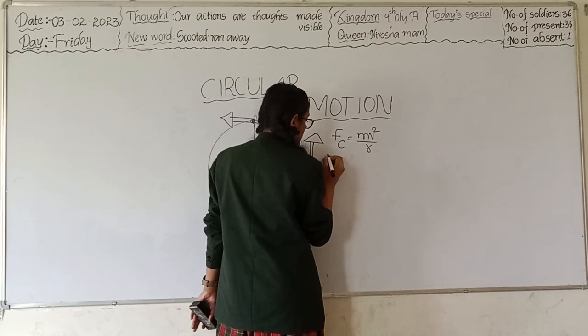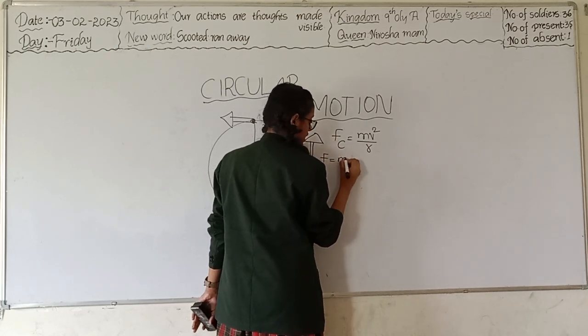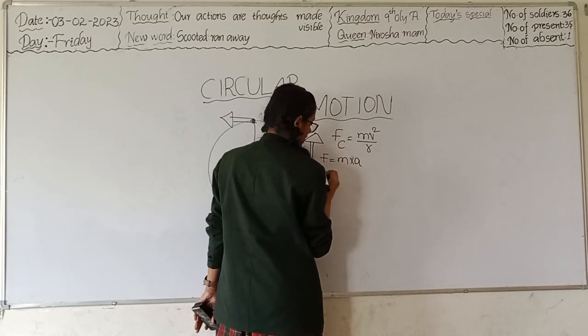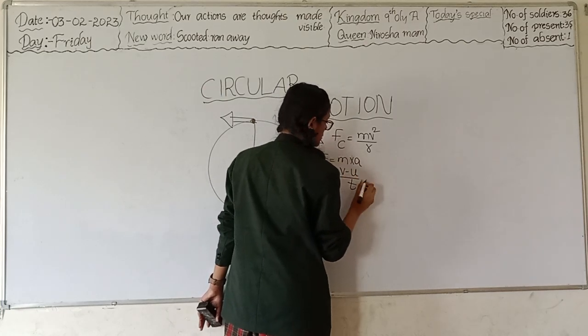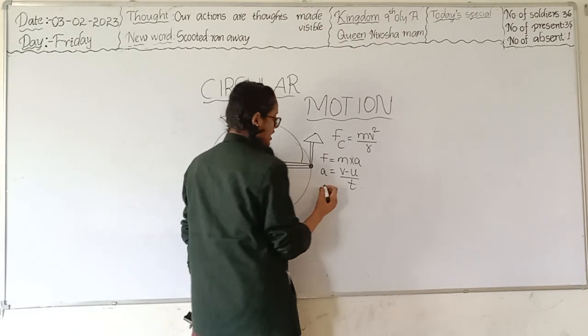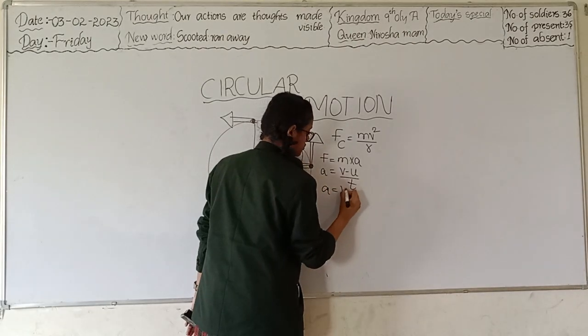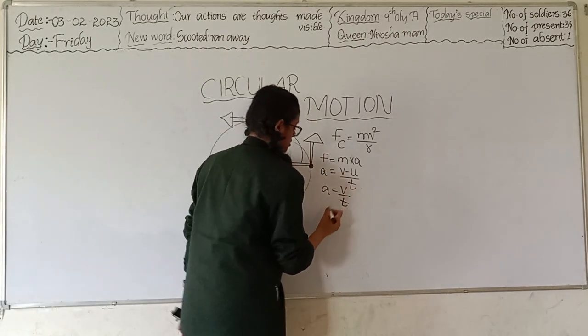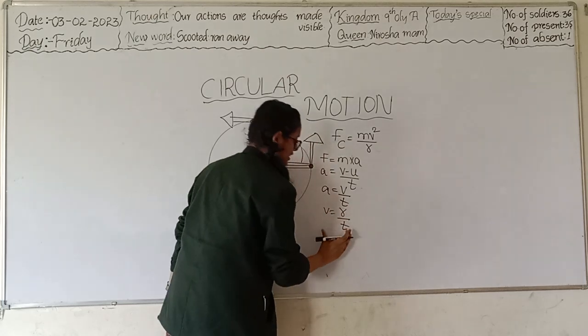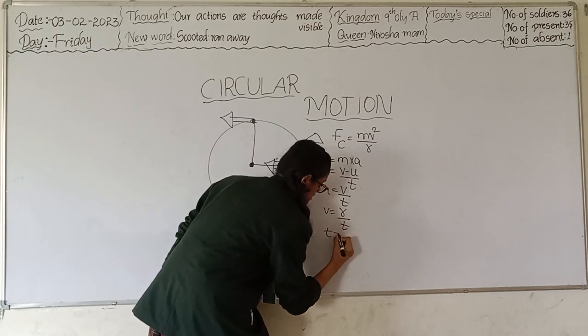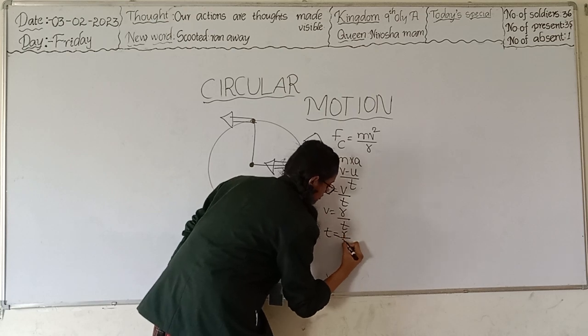We already know that F equals m into a, and a equals (v minus u) by t. Where u equals 0, it becomes a equals v by t. Also v equals r by t, radius by time, so t equals r by v.